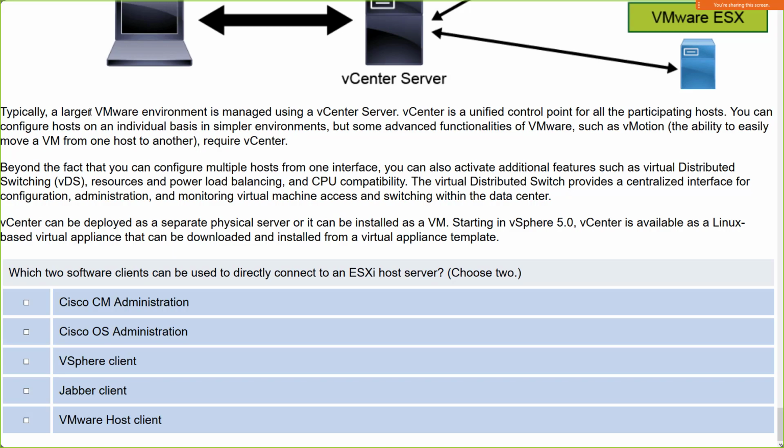Now, I will say this, and I'm not completely versed on it, so I can't speak to it in detail, but there is a way that Cisco handles interaction with VMware clients that is different than the way other vendors handle interaction with VMware clients.